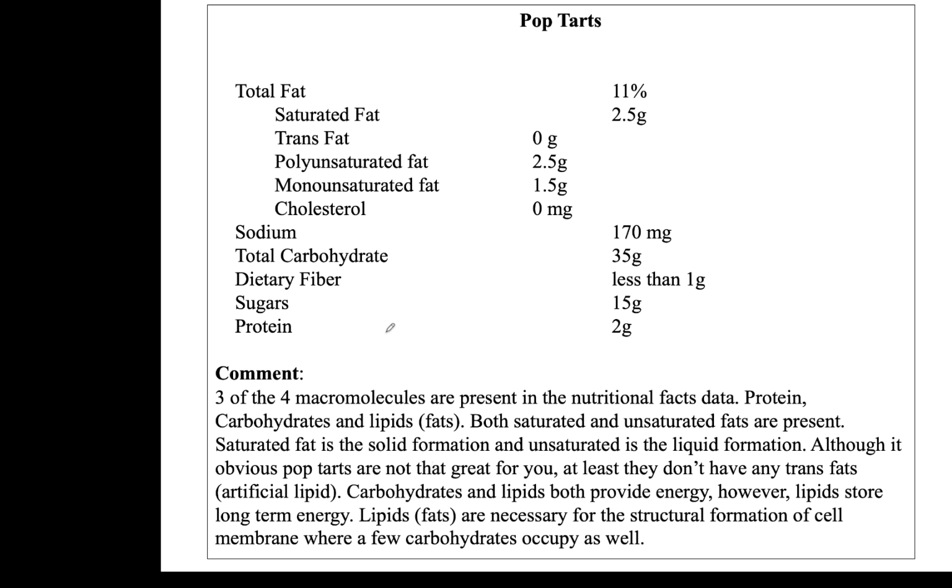Maybe some of your favorite items have more carbohydrate and very little fat, or some item might have a high protein concentration, and then your comment will be different. But you have to write some information about protein, lipid, and carbohydrate in relation to your favorite item.